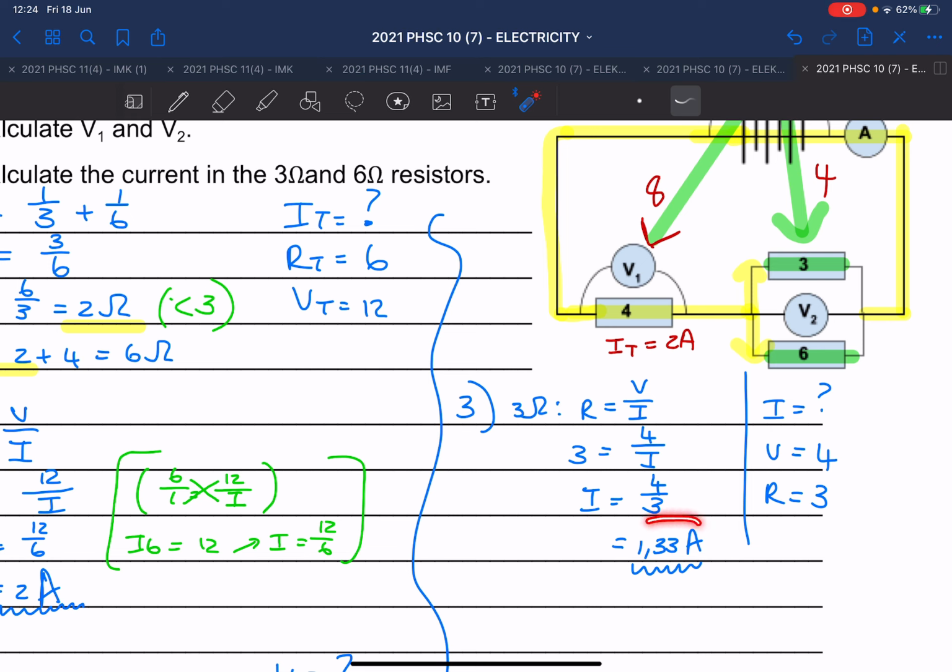Why does it make sense that the biggest part of the current of the 2 amperes, 1.33, goes to the smallest resistance? So, the biggest current goes through.